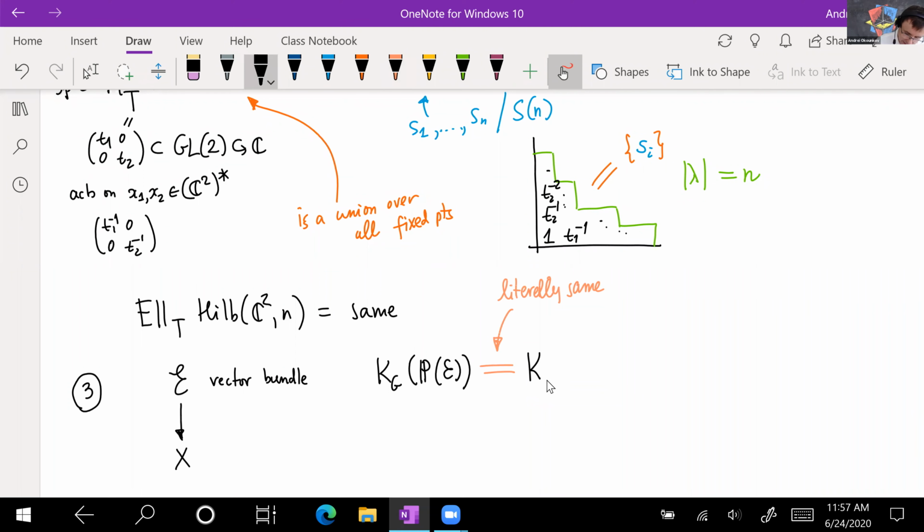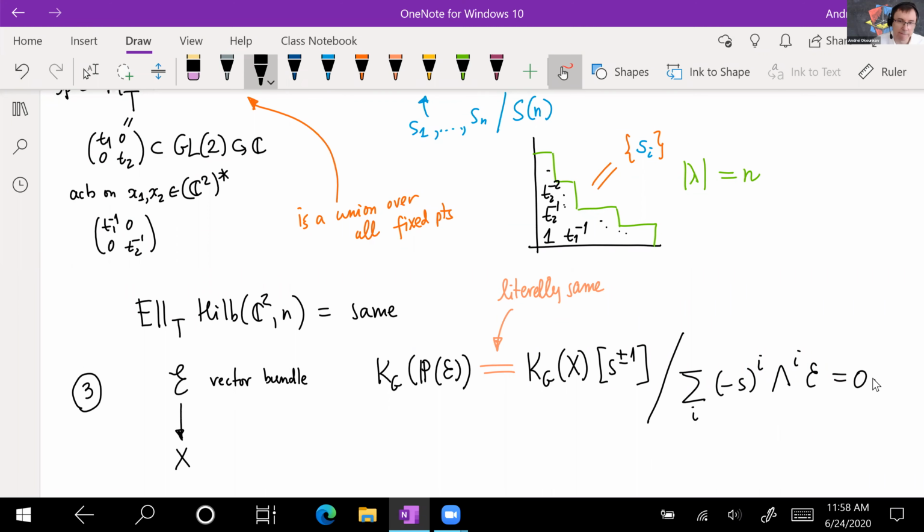It's going to be the K-theory of X adjoin one variable S plus minus 1 and mod out by the relation, which is the summation over i of minus S to the i, L_i. It's literally this.